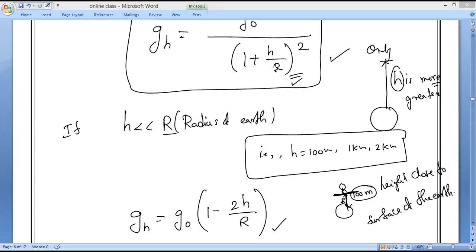If it is like 10 meters, 50 meters, 500 meters, 1 or 2 kilometers, these are all very small distances from the surface of the earth, so there is not much change in gravitational force. That is why g_h is equal to g naught into (1 minus 2H by R) is the relation. Is it okay, everybody?